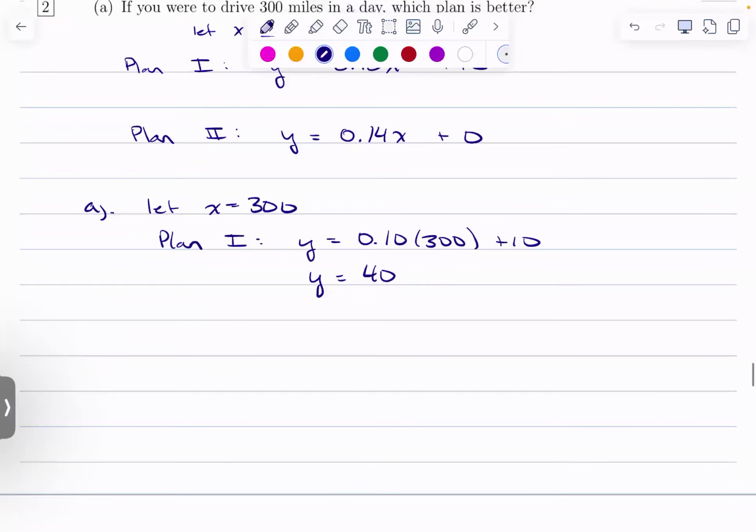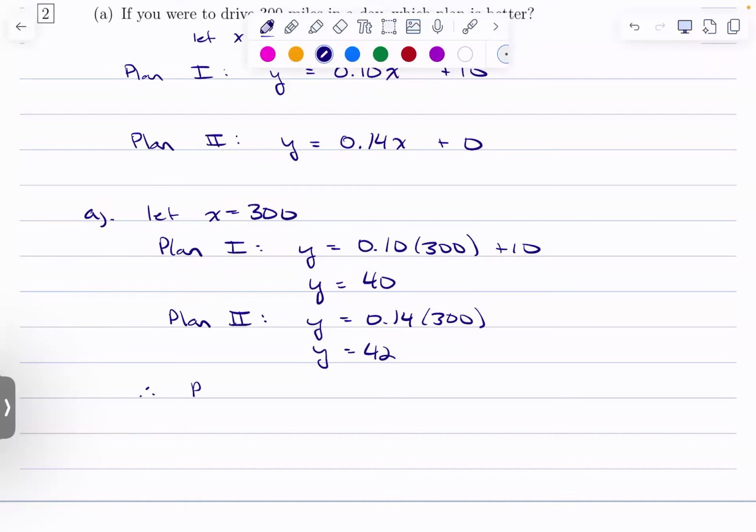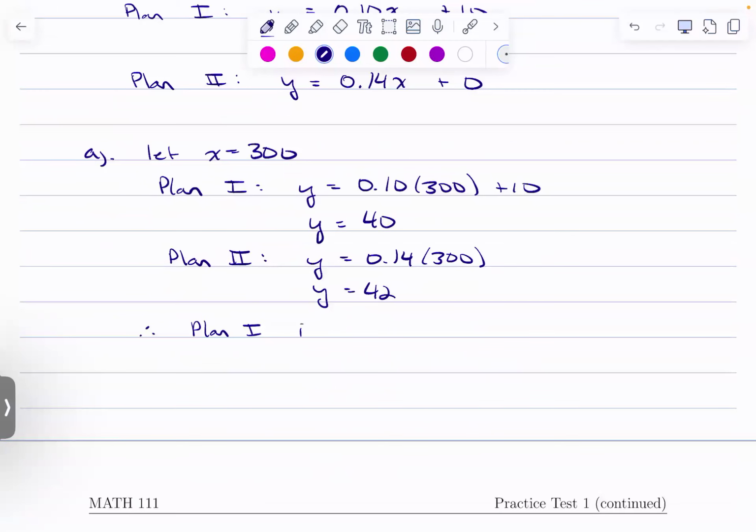No. And versus Plan 2, 0.14 times 300, 42. Therefore, plan one is better if driving 300 miles.